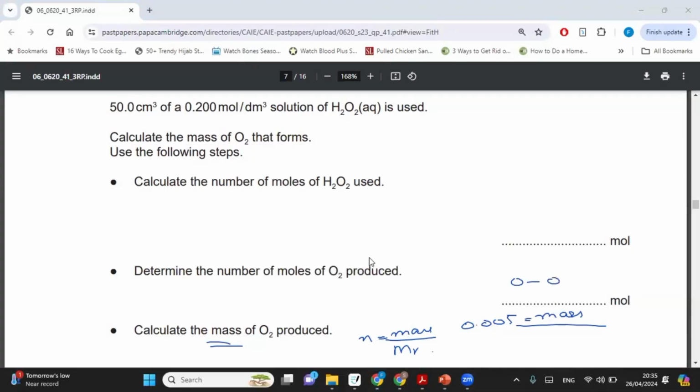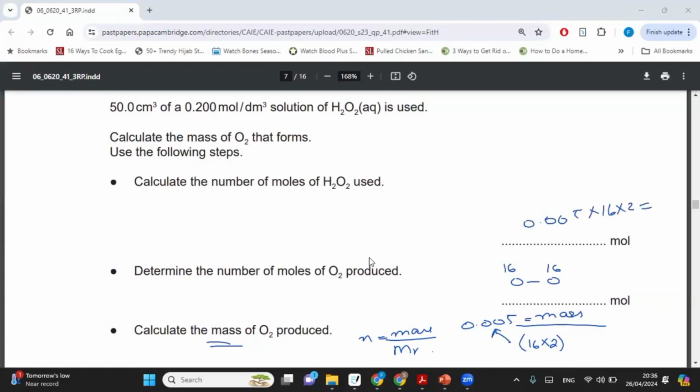One oxygen will have the mass of 16 and the other one will also have the mass of 16. So we will do 16 multiplied by 2 because there are two oxygen atoms, and 16 multiplied by 2 gives us 32. We will take this in the numerator: 0.005 multiplied by 16 into 2. And this will give us the mass.